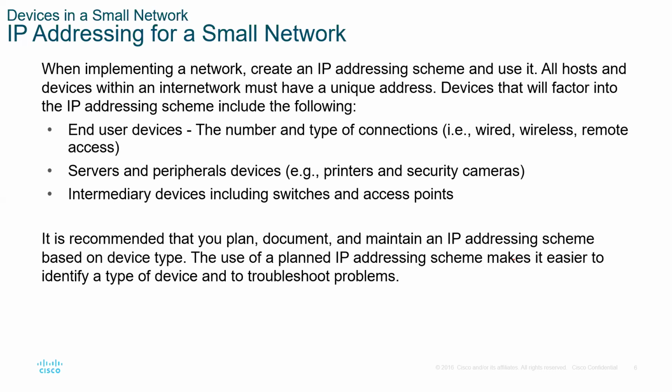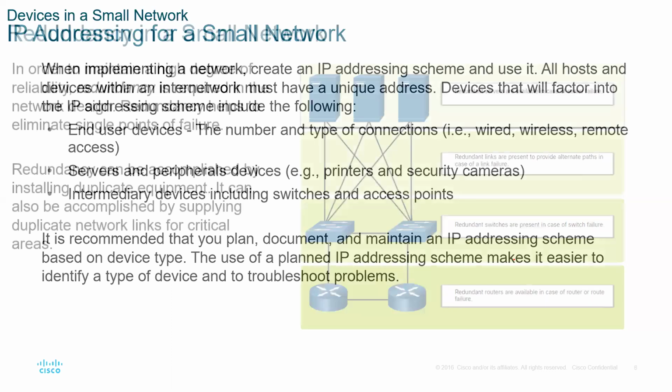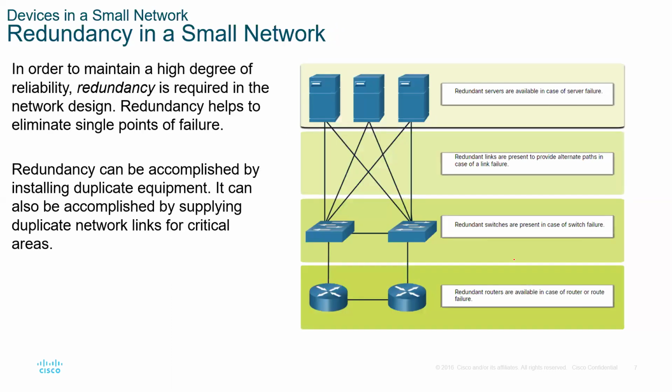You also have to look at intermediary devices, including switches and access points. Generally, when you are designing an IP address plan for your network, you have to take everything into consideration. It is recommended that you plan, document and maintain an IP addressing scheme based on your device type. The use of a planned IP addressing scheme makes it easier to identify a type of device and to troubleshoot problems.